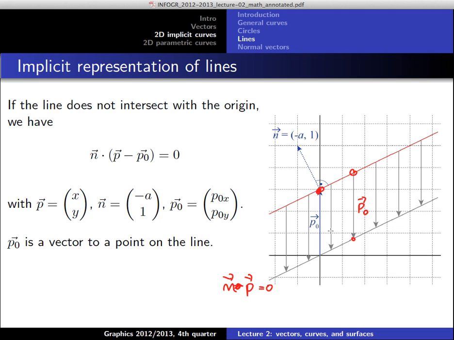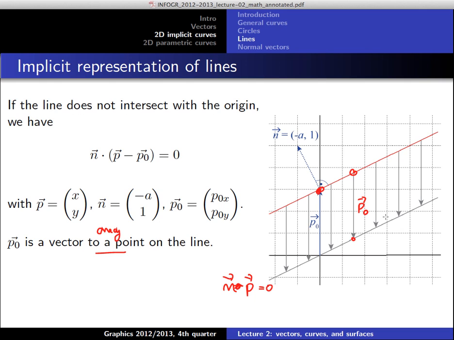Of course, I have drawn this vector here because it draws nicely to just shift the line down, but since it's a line and not a circle with a center, and it extends indefinitely to the left and to the right, we could have chosen any point on the line.